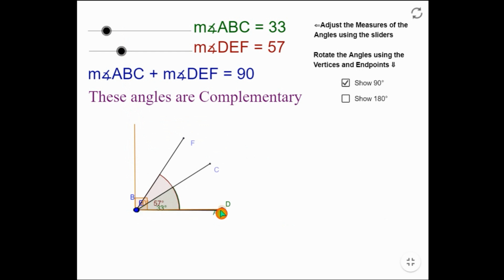Then, i-rotate natin to check if we have an angle which is 90 degrees. Okay. So that, you clearly see na talagang meron tayong complementary angles kasi nakabuo tayo ng exact right angle. Okay? So, yun lang naman.